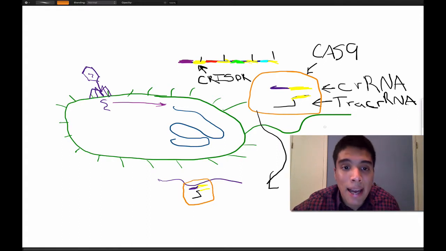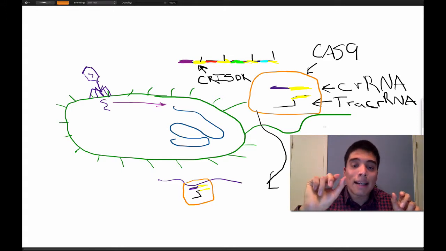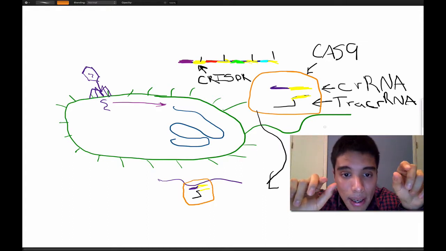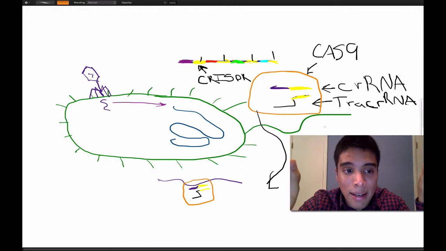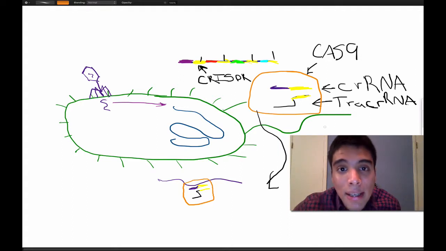The reason this actually saves the bacteria is that the bacteria has a whole bunch of these little pieces that it saved from the last time that the virus infected it. And so it'll attach all over on that virus DNA and just chop it up. And if it chops it up, then it can't affect anything.